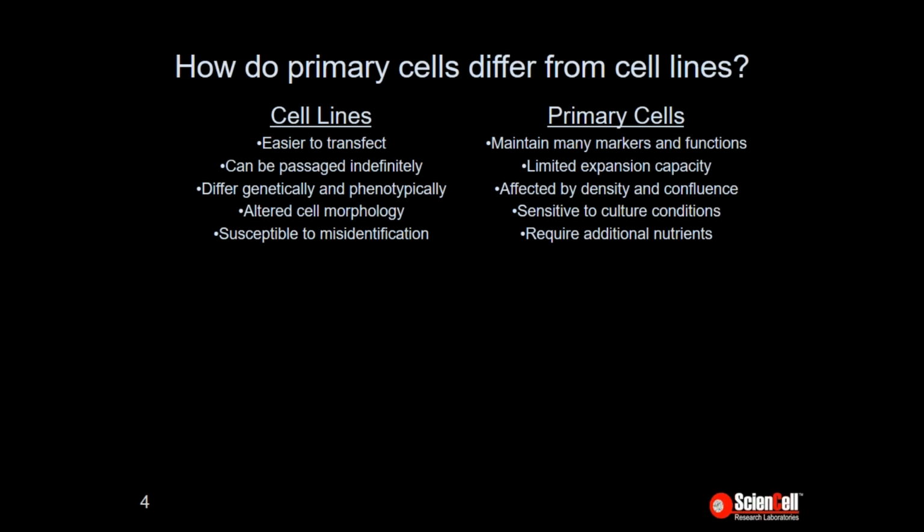Primary cells, though, have a finite lifespan and a limited expansion capacity, and are more sensitive to culture conditions and density. In addition, primary cells require extra nutrients to support them in culture. Although more challenging to work with, primary cells are ultimately more representative of the in vivo environment, which means that your experimental results will be more relevant.